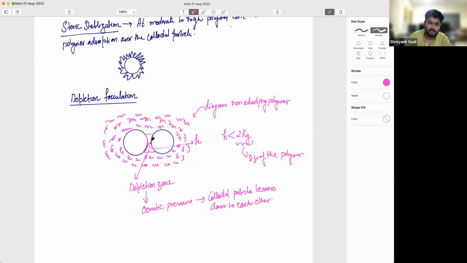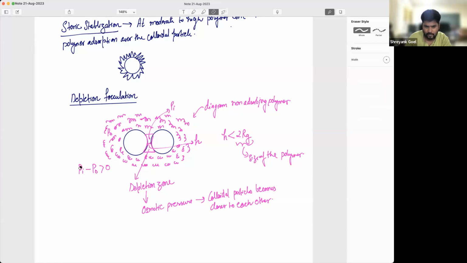Because there is no pressure inside, and the polymer molecules outside are pushing, if this is Pi and this is P naught, then Pi minus P naught is greater than zero. P naught is higher actually.